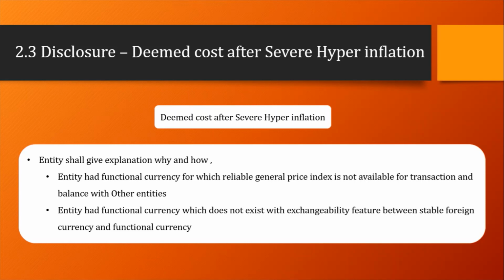They have to explain why and how the entity had a functional currency for which a general price index is not available for transactions and balances with other entities. Second, they also have to explain why and how an exchangeable relationship does not exist between the functional currency and a stable foreign currency. These things they have to give in addition.